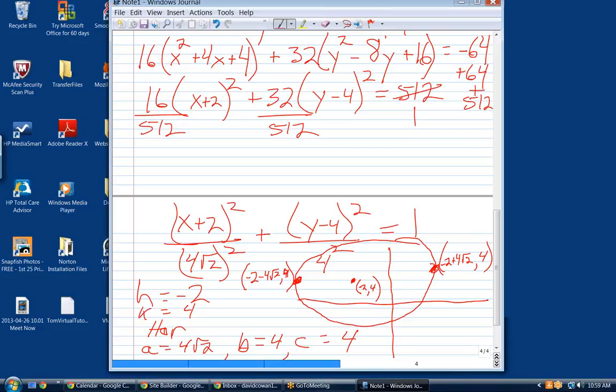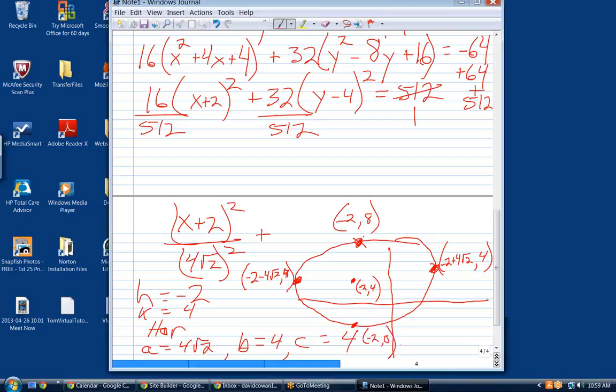What's this vertex up here, the minor vertex? Erase some of this stuff here. Negative 2, 8. And this one down here is minus 2, 0.